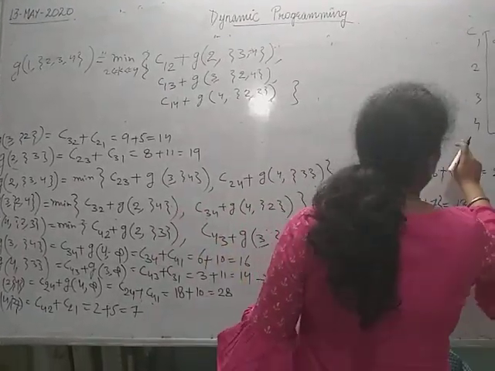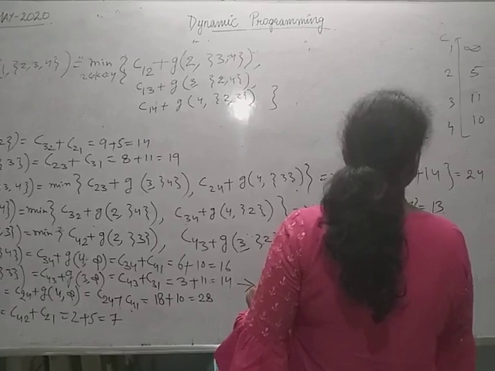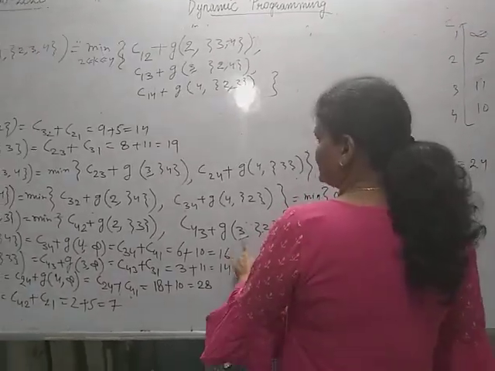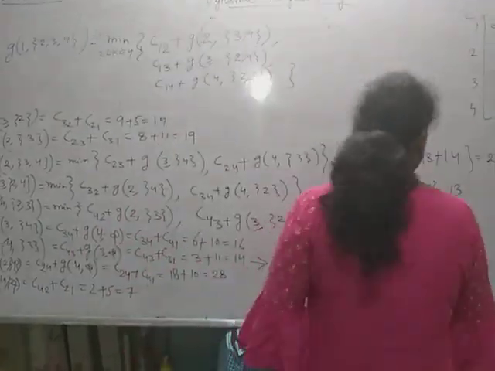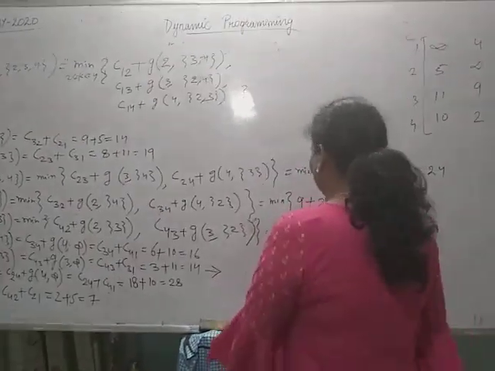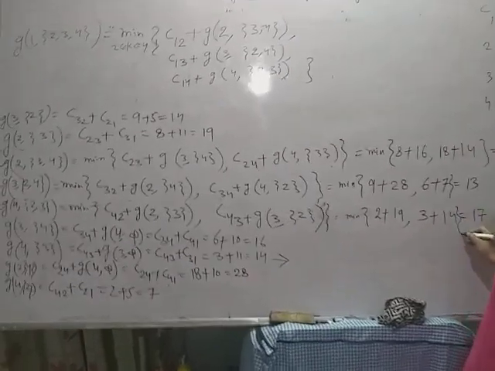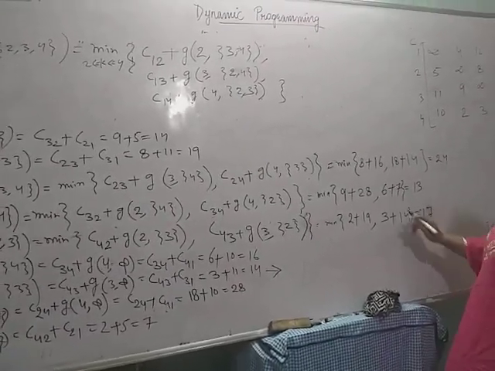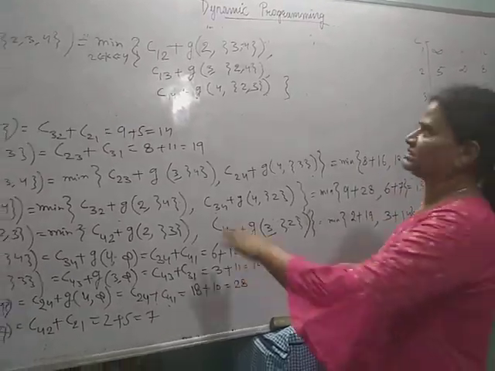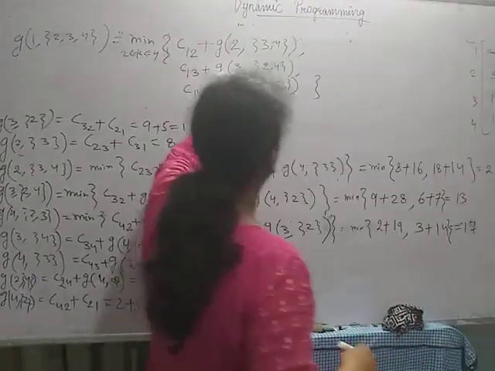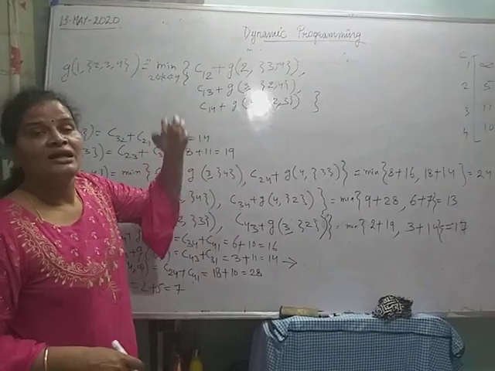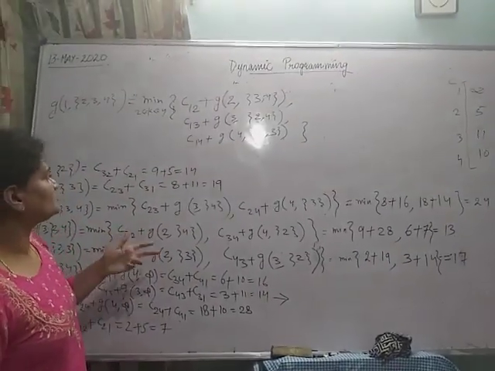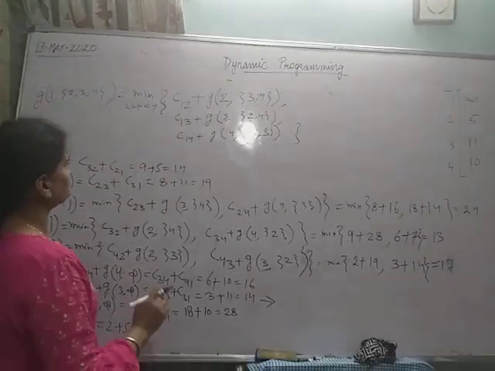C43 is 3 plus G32 is 14, so this is 17. Okay, this is 17 minimum entry. Now I got the values for the second. Now finally I will put these values into this to get the optimal cost of the tour.